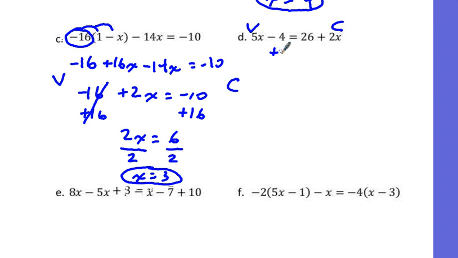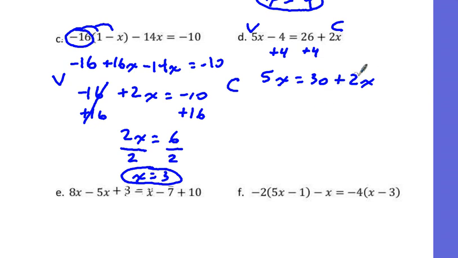So we are going to add 4 to both sides, and we'll have 5x equals 30 plus 2x.